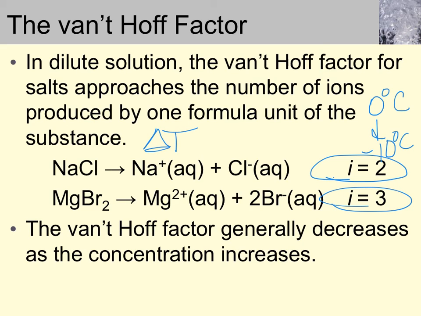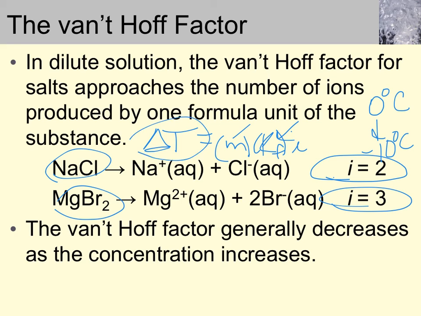The change in temperature for freezing point depression is equal to molality times freezing point constant times the Vant-Hoff factor. Now, assuming I use the same molality of either salt and the freezing point constant for water is the same, the only power I have to change how much I'm going to lower that freezing point is with the Vant-Hoff factor. You clearly want to use a salt that has the largest I value possible. You get more bang for your buck.